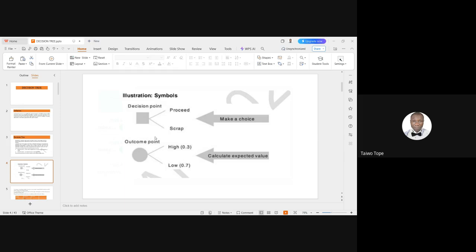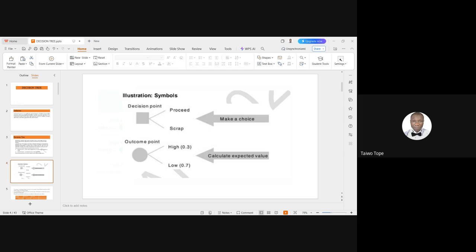By the time you plot your possible chances of going to Lagos and you put your plans in place, you discover that in going to Lagos every month you make 500,000 based on certain circumstances that you've put into consideration. In going to Kano, you make 300,000 in a month. Now, these are your expected values.